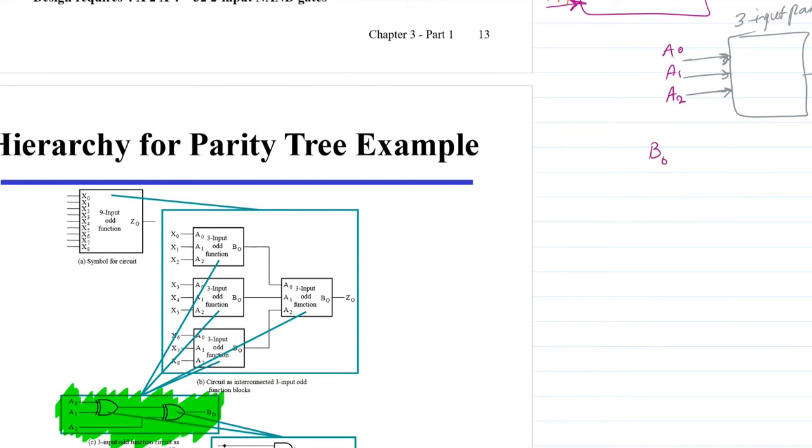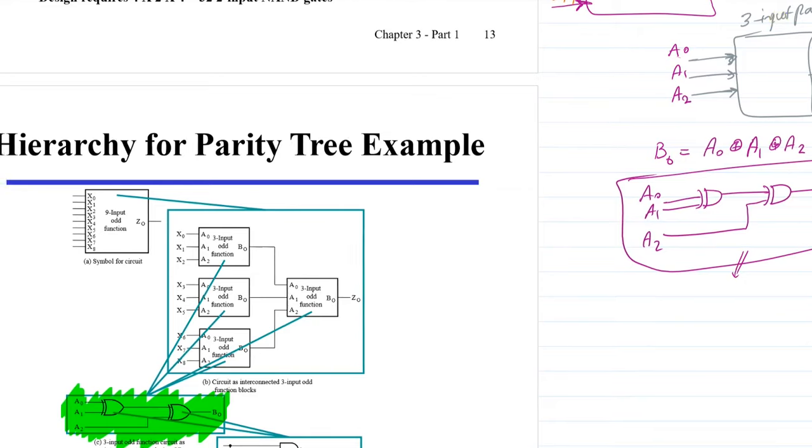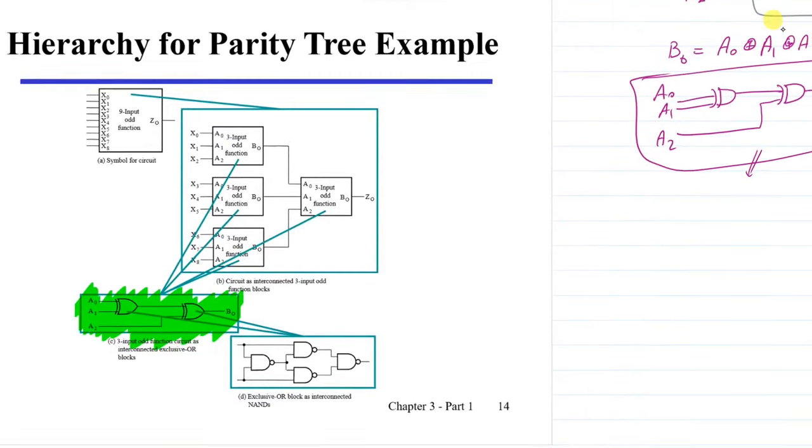So B0 will be in the form of A0 XOR A1 XOR A2, and this could be implemented using 2 XOR gates. So A0, A1, A2, and B0. So this is what we have for the 3-input parity tree.